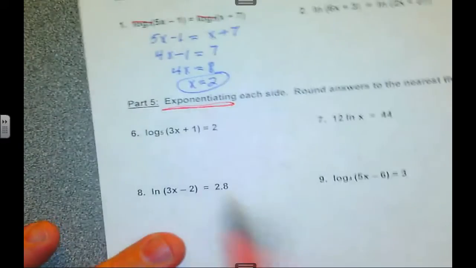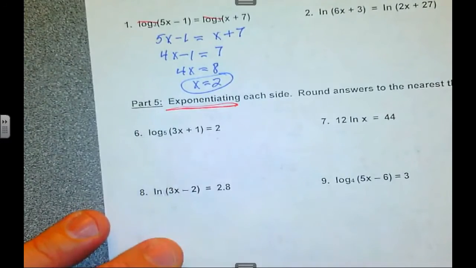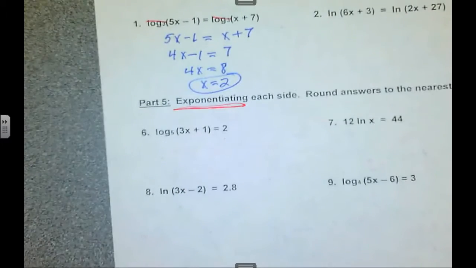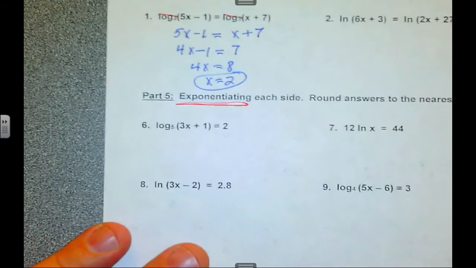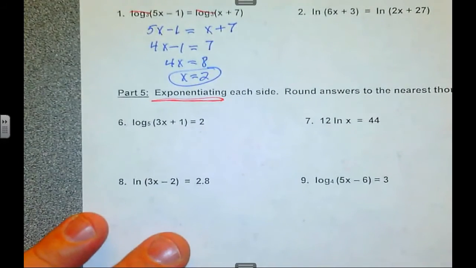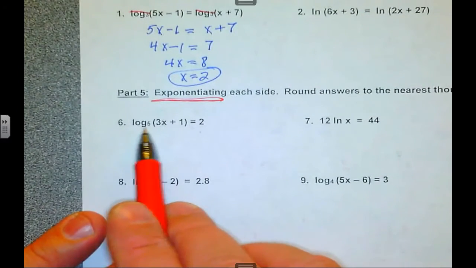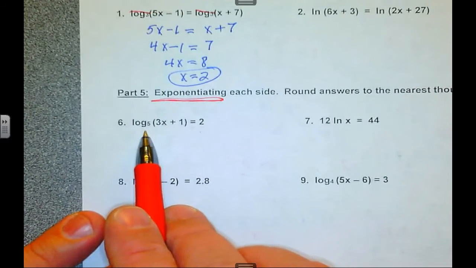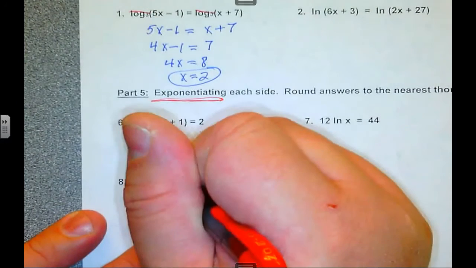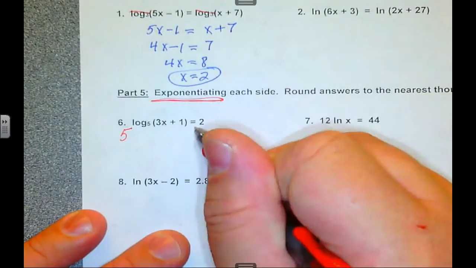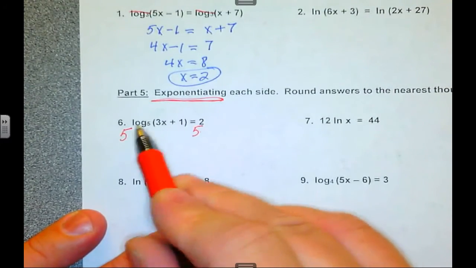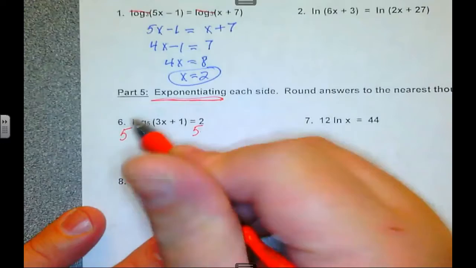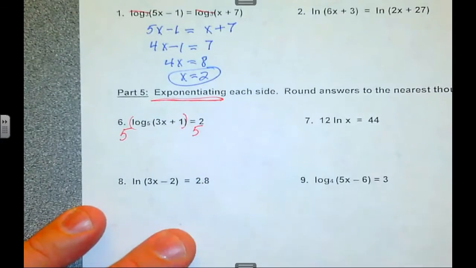This time, we're getting rid of the logs by making it an exponent, exponentiated. So the first one, number 6, the log base 5. What I'm going to do is make this an exponent and put a 5 on both sides. So this is called exponentiating. This is actually my entire exponent.